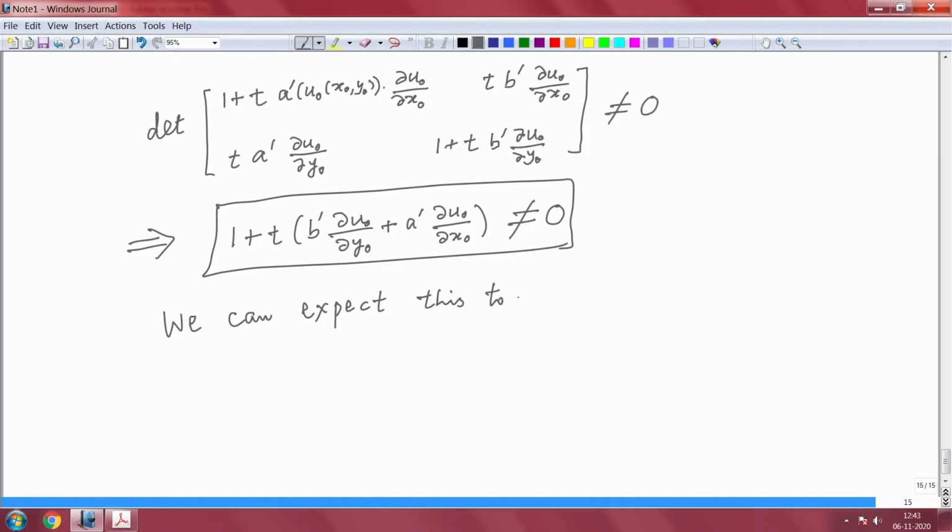This means this left hand side is non-zero for small t positive. Of course, if the term in the bracket remains non-negative, similar to the one dimensional Burger's equation, this is always true, but when that changes sign, then there is a finite time when this becomes 0 and the solution becomes singular there, namely its derivative vanishes.